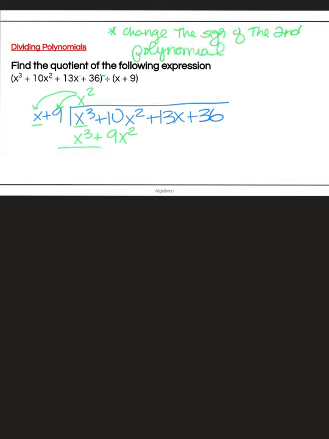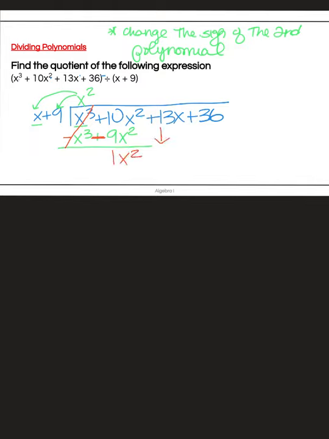So the x cubed becomes minus, and the 9x squared is also going to become minus. So x cubed minus x cubed is 0, and 10x squared minus 9x squared is 1x squared.